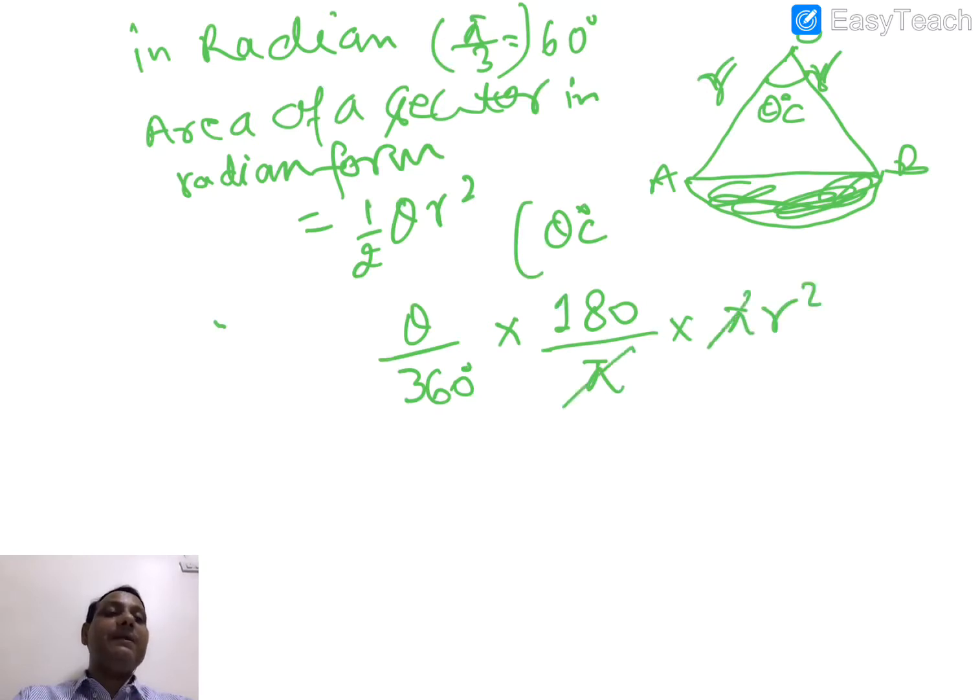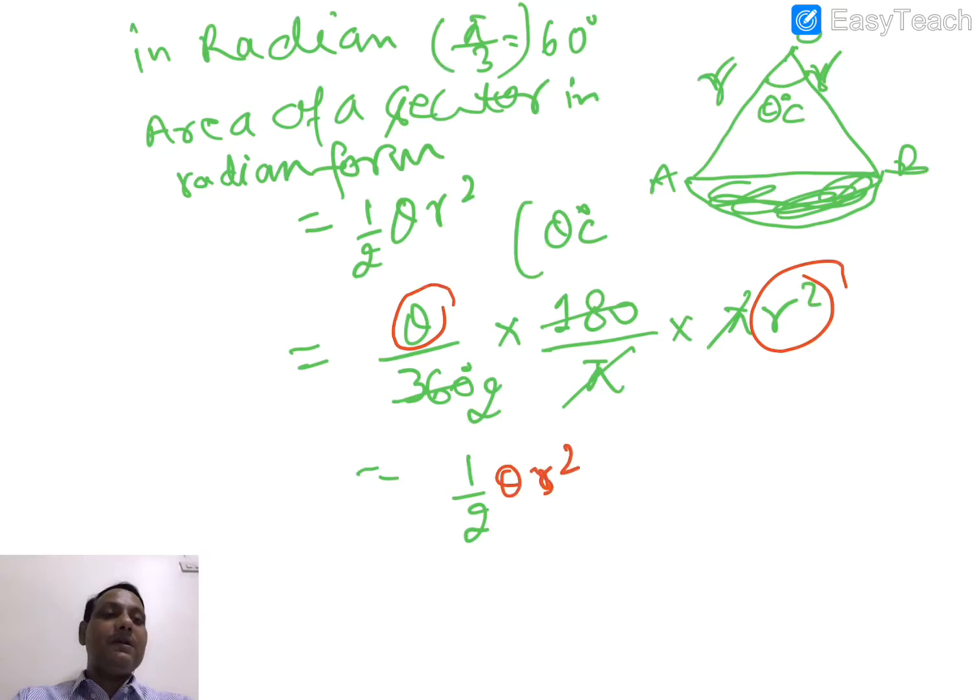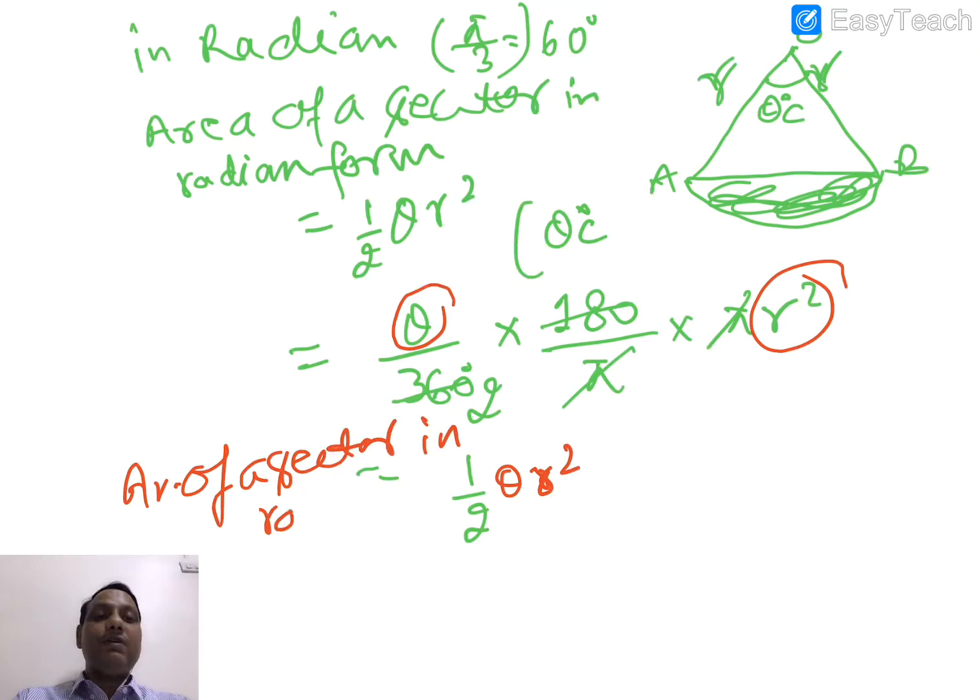So pi gets cancelled, and 180 times 2 practically gives 1 by 2, and the only things left are theta and r squared. So we write half theta r squared. That is what we found: the area of a sector in radian form.